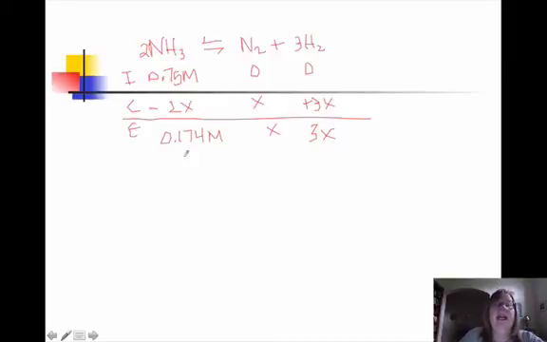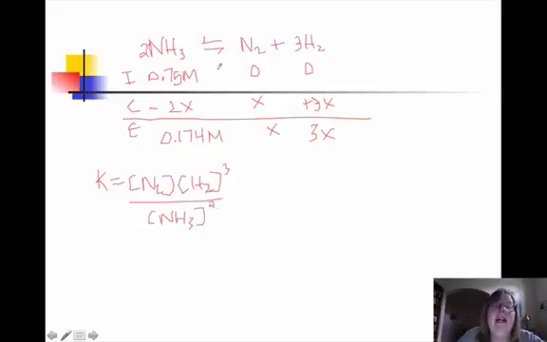All right, and now we're ready to solve for K. So K is nitrogen times hydrogen cubed divided by ammonia squared. Well, we can figure out x from this right here. So 0.75 minus 2x is equal to 0.174.